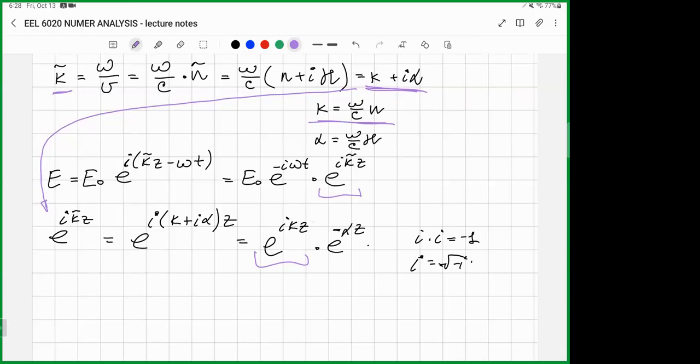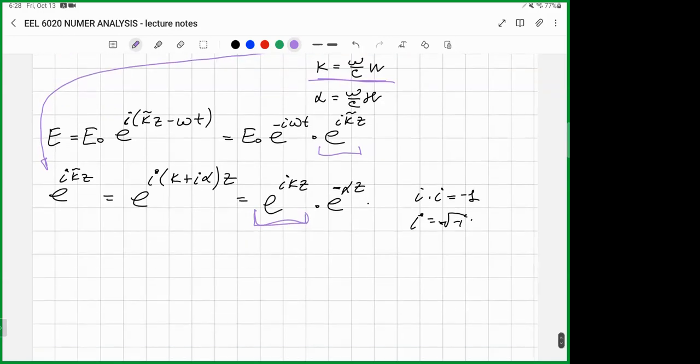So this exponential function is multiplied by the refractive index, and because of this, this term oscillates faster in space. Let me maybe draw this.